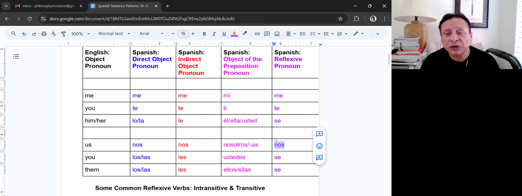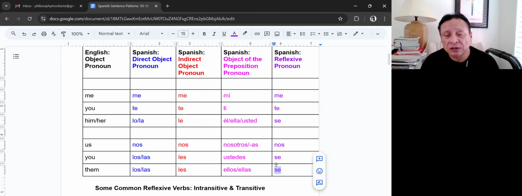The only difference for the reflexive pronouns is that instead of having le, it's going to be se. Instead of having les, it's just going to be se. Se basically is the mark of the reflexive.